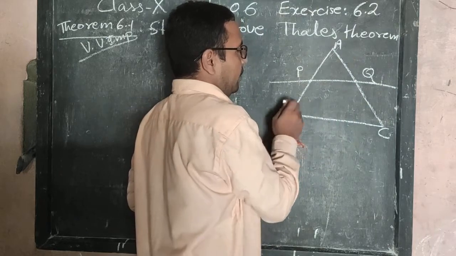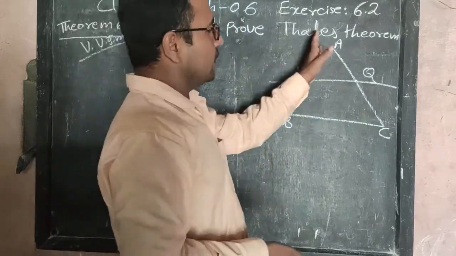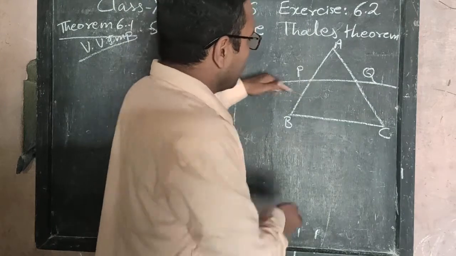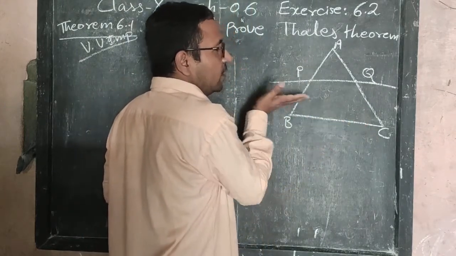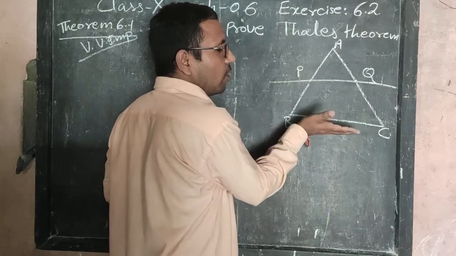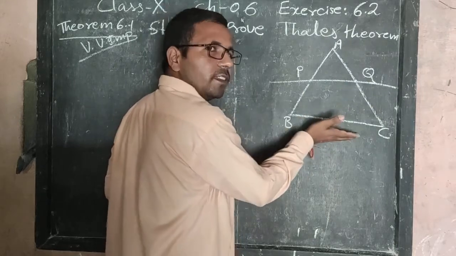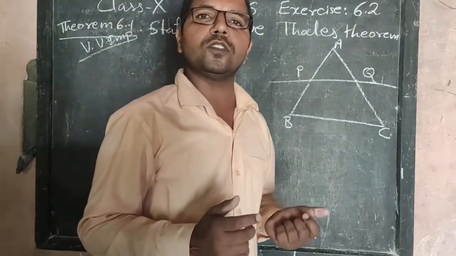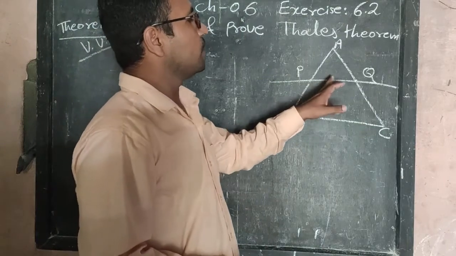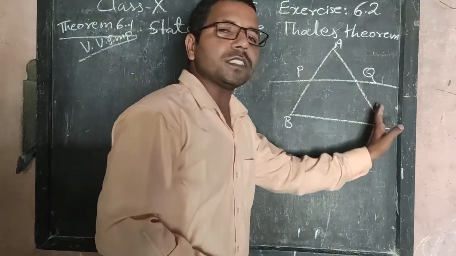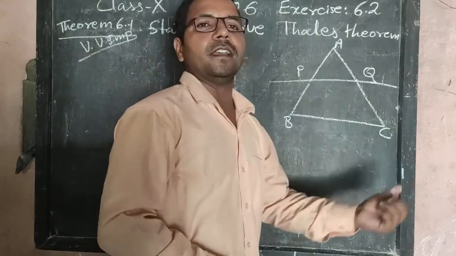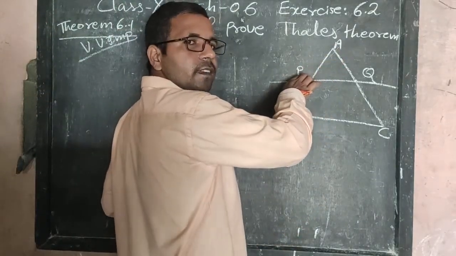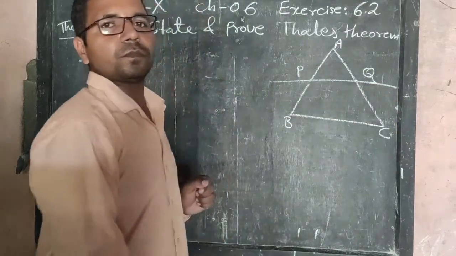That means at side AB it intersects at P, and at side AC it intersects at Q. So if a line is drawn parallel to one side of this triangle, BC, and it intersects the other two sides at two distinct points P and Q, then these other two sides are divided in the same ratio.